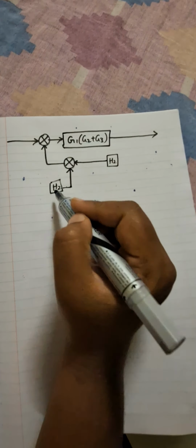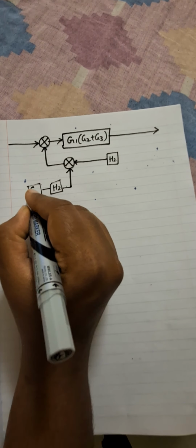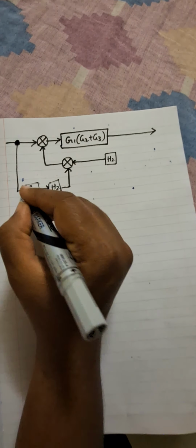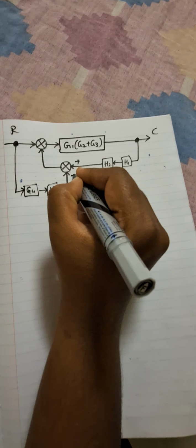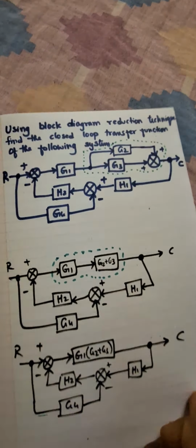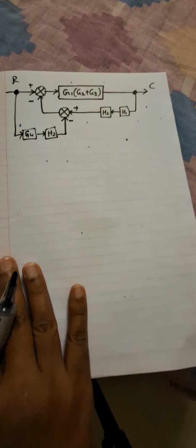So I brought H2 here. Obviously here we have G4, so G4 will be there with a node, no problems. Here we have H1. R, C. And never forget your signs, positive and negative. Positive and negative. Okay? Positive, negative, positive, negative. The same signs should go there. Now these two are in series.